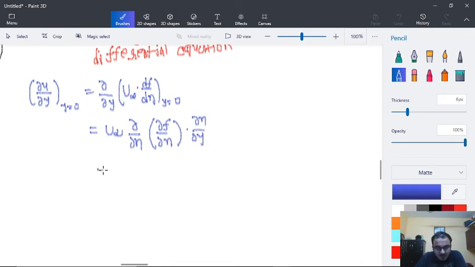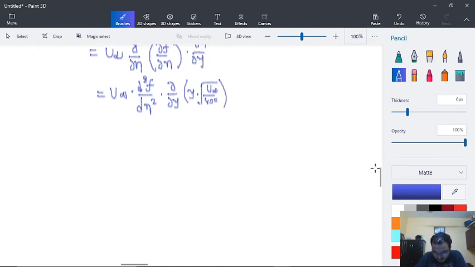So here what we are getting is u infinity into d²f over dη² into ∂/∂y into y into square root of u infinity divided by mu into x.